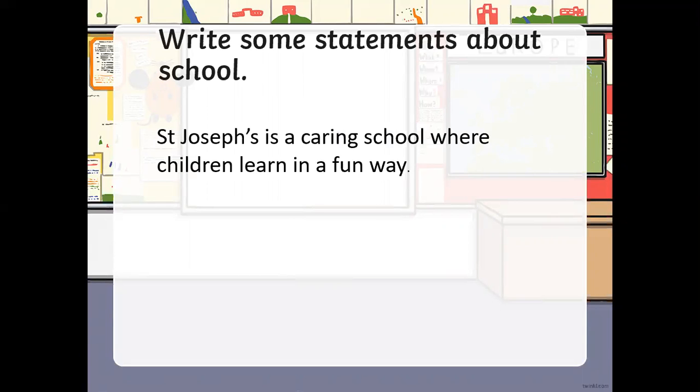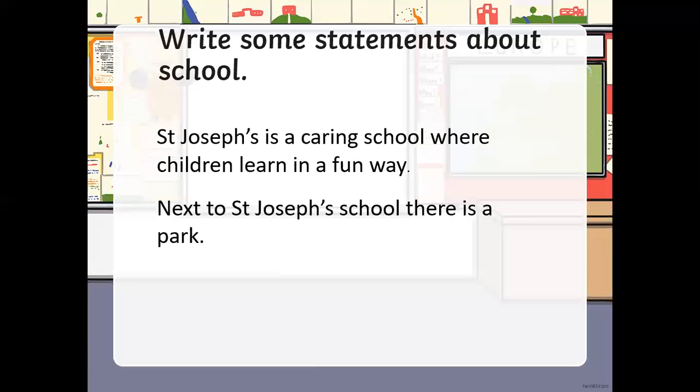Right, so here's one of the ideas that I had. St. Joseph's is a caring school where children learn in a fun way. Now is it a fact, an opinion, or an idea? One could argue it's a fact, but actually it's an opinion. That's my opinion because somebody might think differently. I'm not sure who. Next to St. Joseph's School, there is a park.